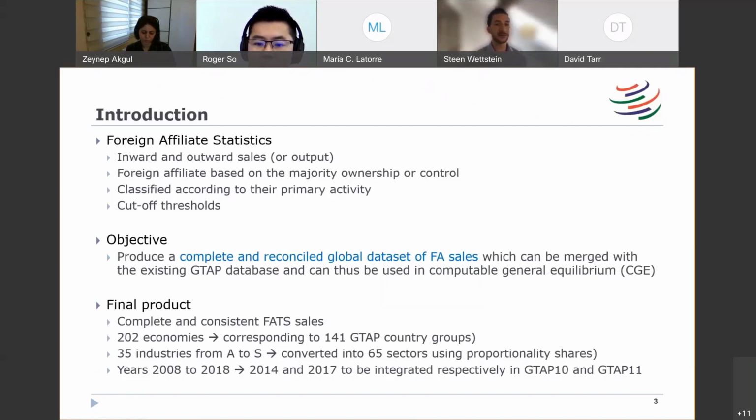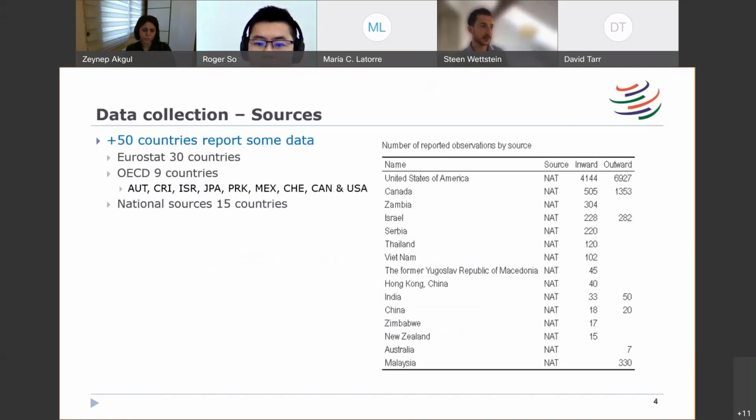So regarding the data collection, just a few insights. We have more than 50 countries for which we have hard data information. It's actually hard to find data, and our main data is sourced from Eurostat. We also have those dimensions that were previously presented: the 3-dimensional data, sectoral 2-dimensional, and 1-dimensional.